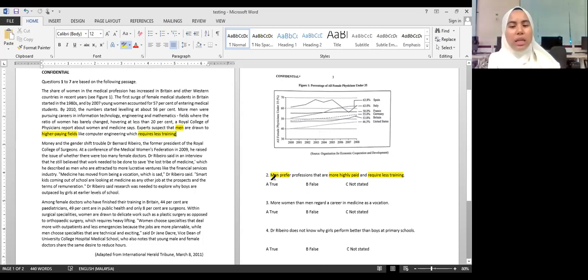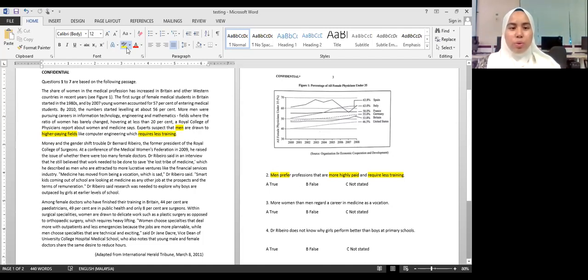The question said that men prefer professions that are more highly paid and require less training, so I have to read back the statement. In paragraph 1, it stated that experts suspect that men are drawn to higher paying fields like computer engineering, which requires less training. So this delivers the same meaning as what was written in the statement.